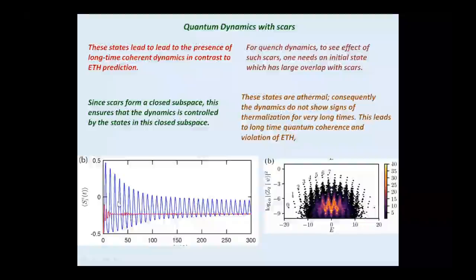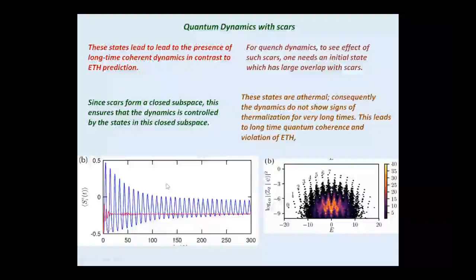And then you can see these long-time oscillations. So this means that in a many-body system, starting from an initial state, you can, in the presence of these scars, have these long-time oscillations rather than typical thermalization, which was a surprise when they found it in the Rydberg chain, and I'm going to come to details of that.